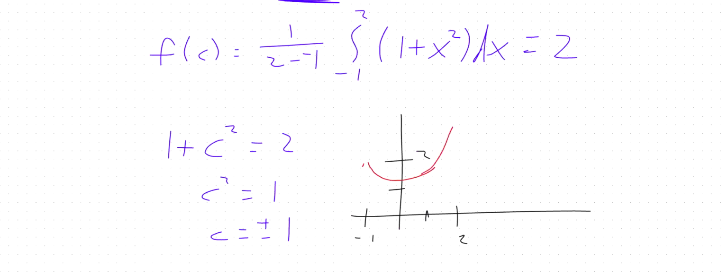And this is actually way up here at 5. So 3, 4, 5, where that point is. But if we draw this line at 2, we see that it's hitting our graph at -1 and at +1.